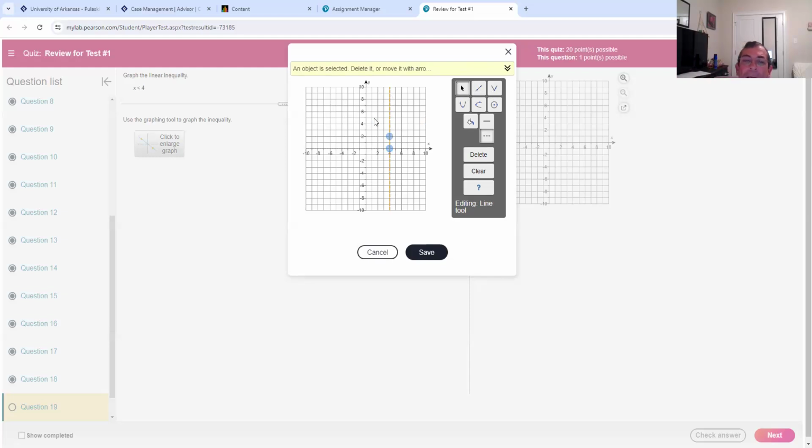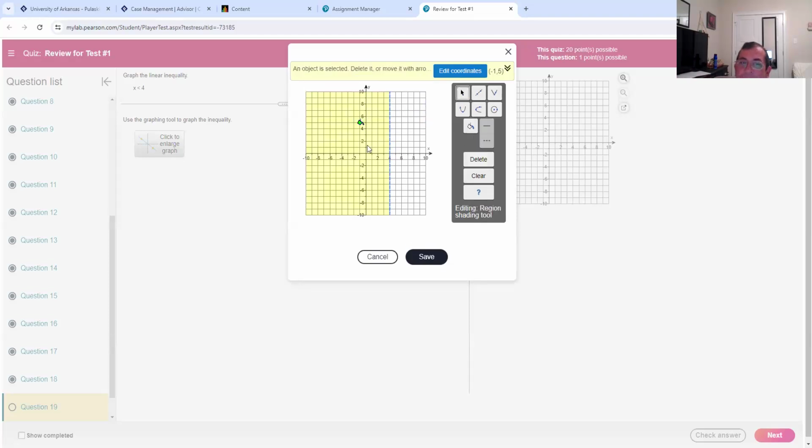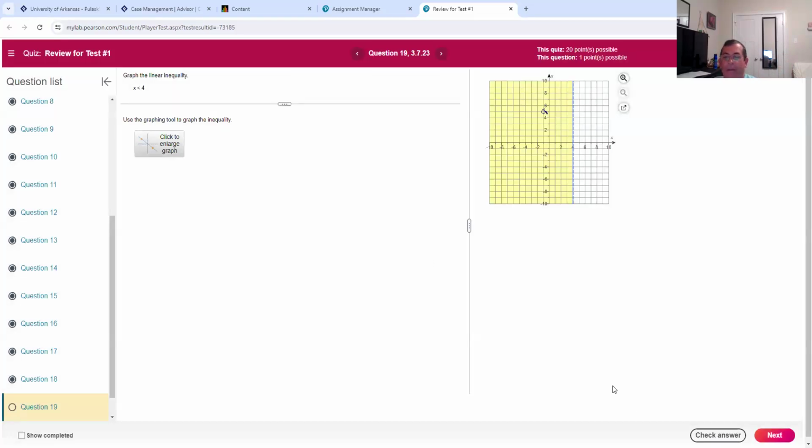Well, less than on the x-axis is on the left side of that line. So y'all, less than, you're going to shade left. If you got greater than, you're going to shade right. Okay? All right, y'all, so once I've got that, I'm going to hit save and next.